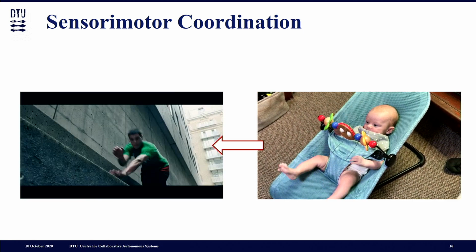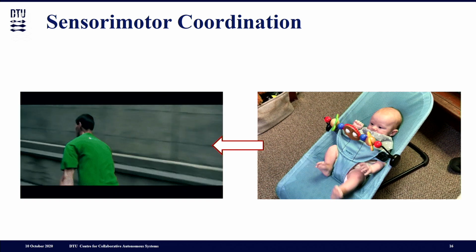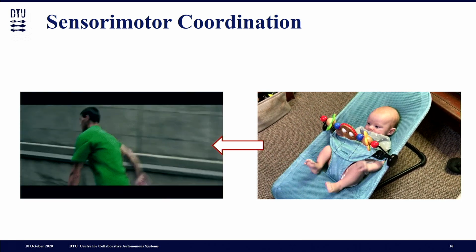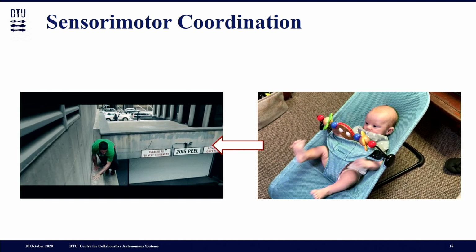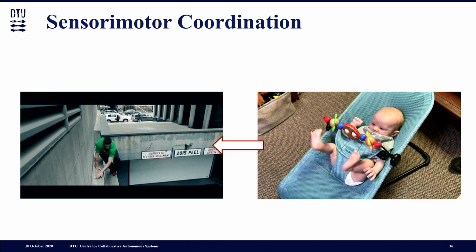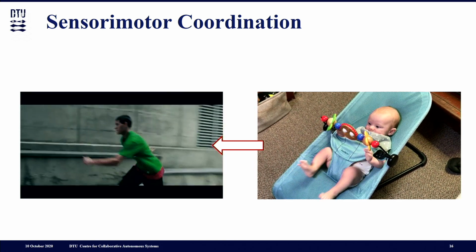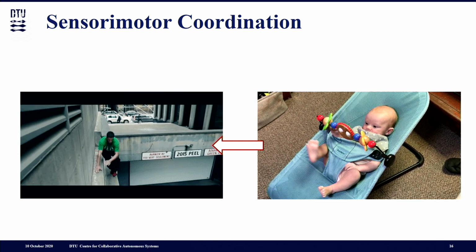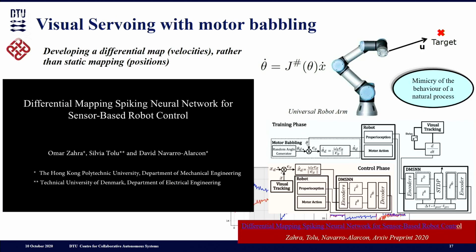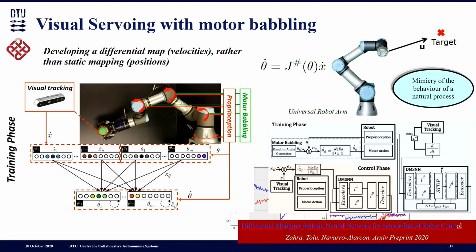And this is what we do, all of us, by a process that we call motor bubbling. Motor bubbling is the generation of random movements, and we do that to explore our space and create sensorimotor maps.